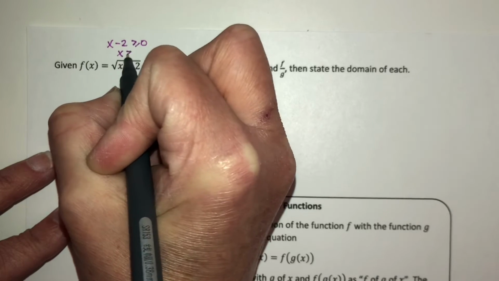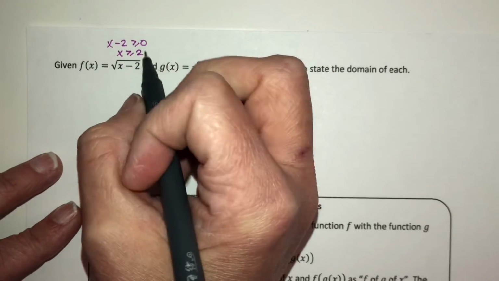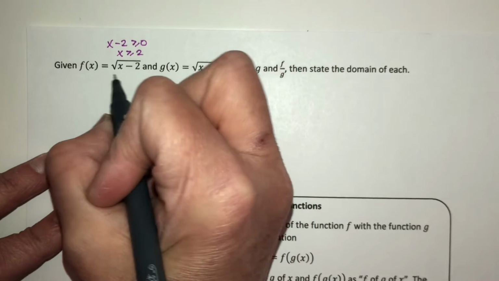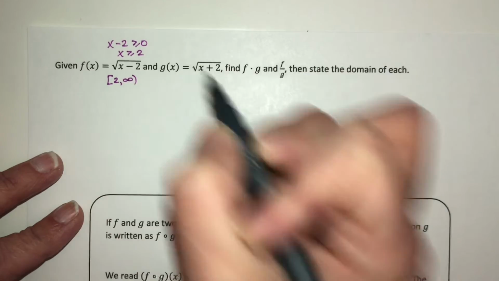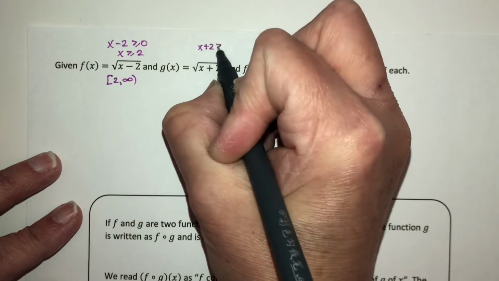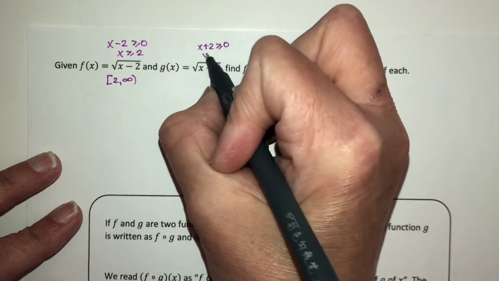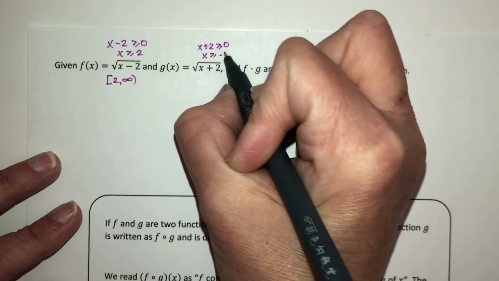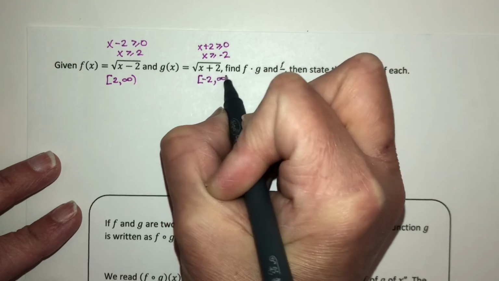So our x has to be greater than or equal to 2. So that will be the square root, 2 to infinity. For this one, x plus 2 has to be greater than or equal to 0. So x has to be greater than or equal to -2, which would be -2 to infinity.